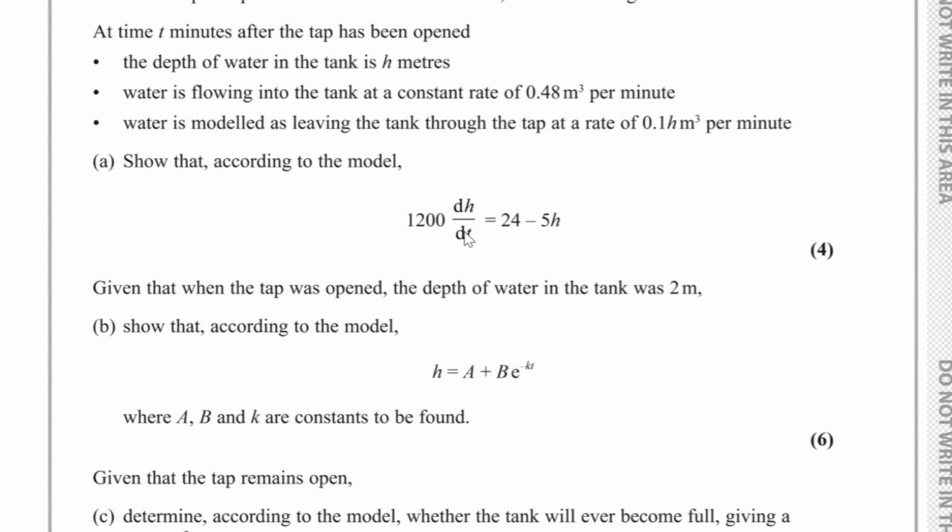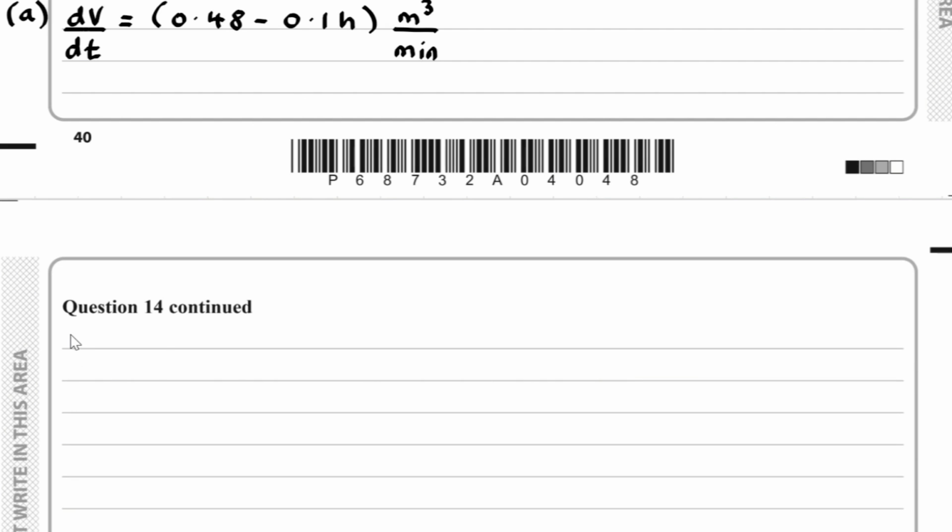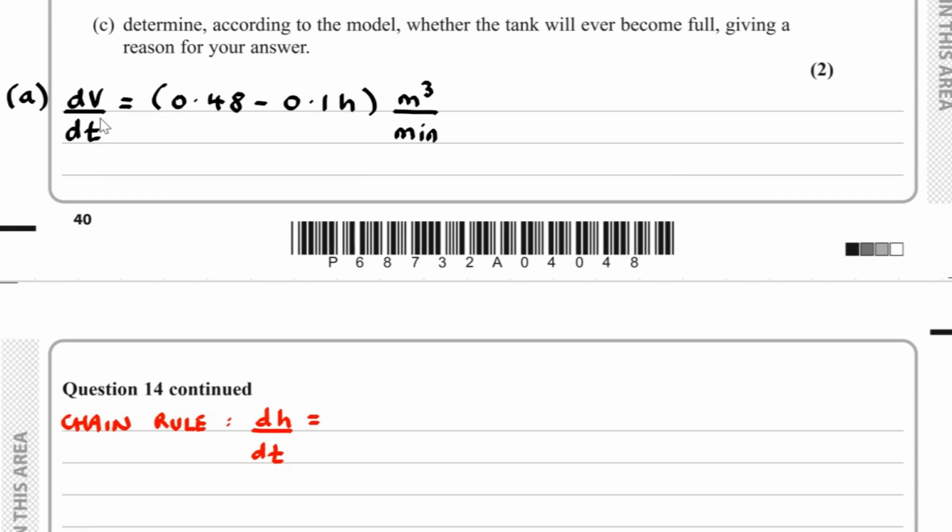The chain rule suggests that to work out dh over dt, given dV over dt which we've worked out, we need a dh over dV. Can we work that out?